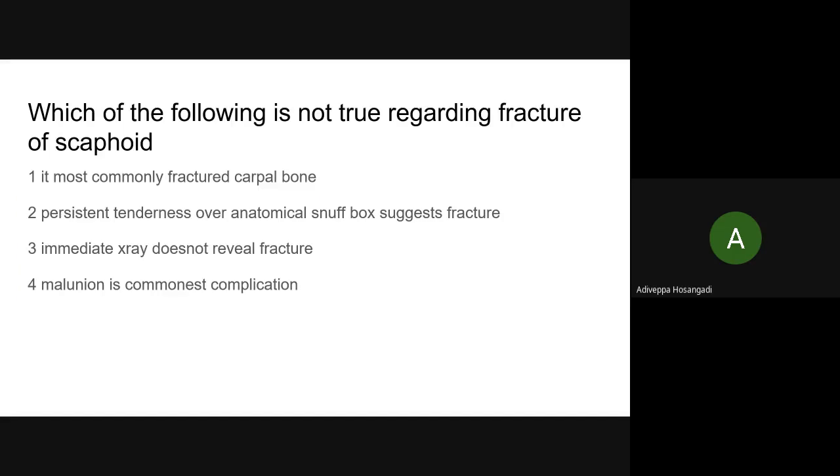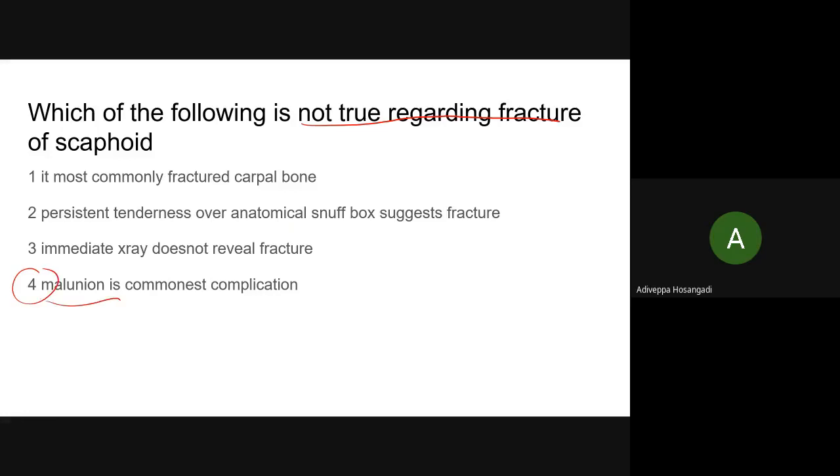Okay, we'll take one or two MCQs. Which of the following is not true regarding the fracture of the scaphoid? Option 4, yes.